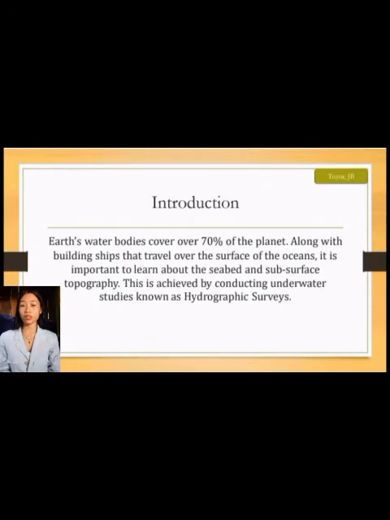And for the introduction, Earth's water bodies cover over 70% of the planet, along with the ships that travel over the surface of the ocean. So it is very important to learn about the seabed and subsurface topography. And this is achieved by conducting underwater studies known as hydrographic surveys.